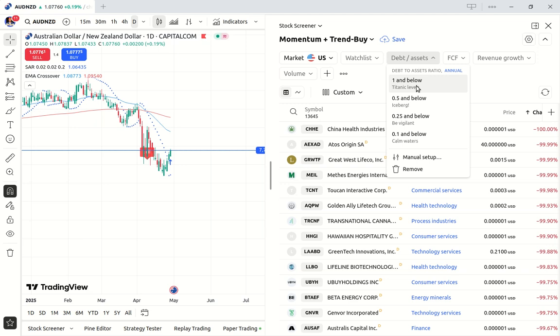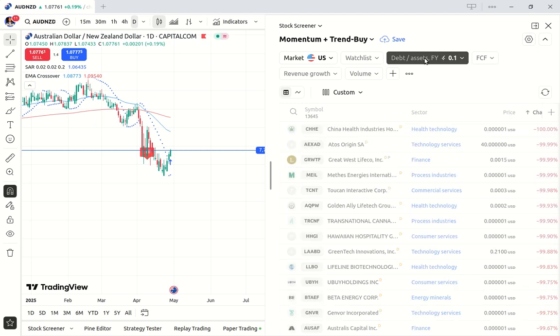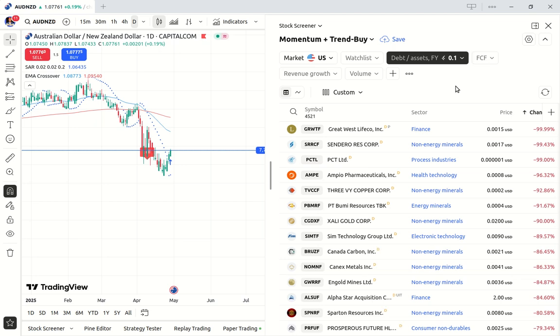If the debt is above 1, that means the company is not doing well. So basically this is 100%, 50%, 25%, 10%. You want 10% debt to asset ratios.